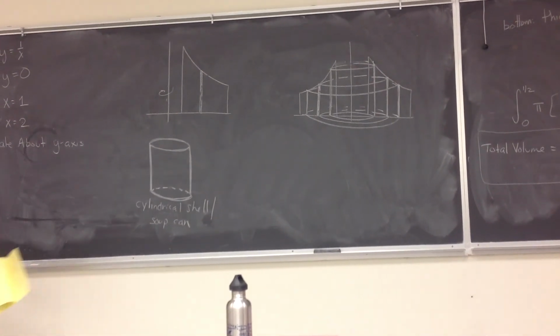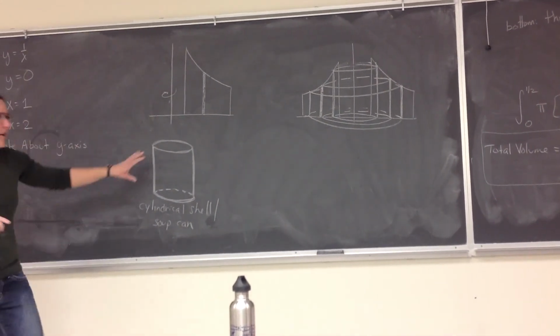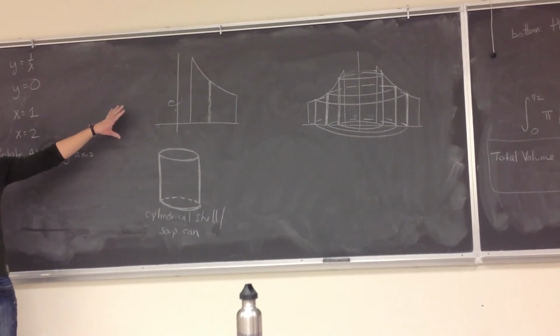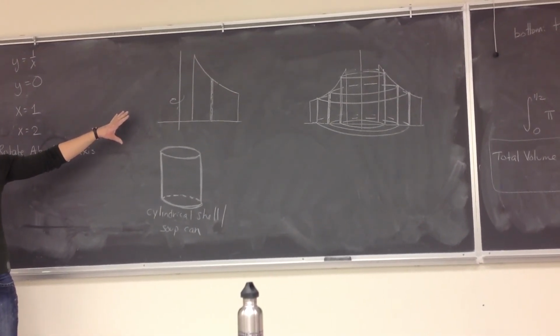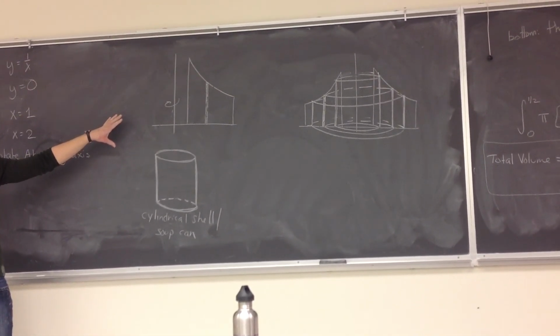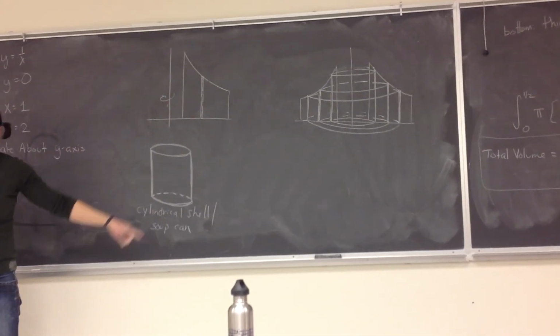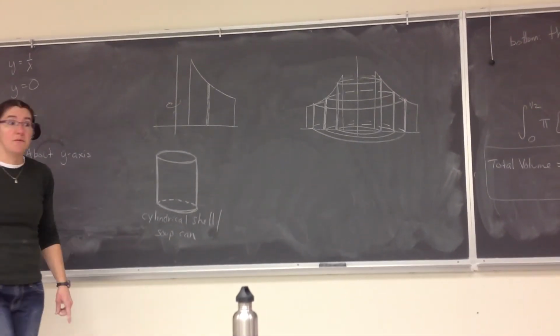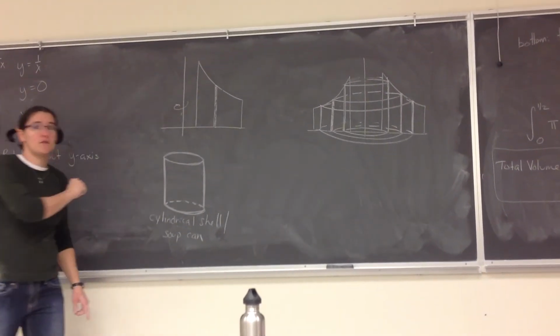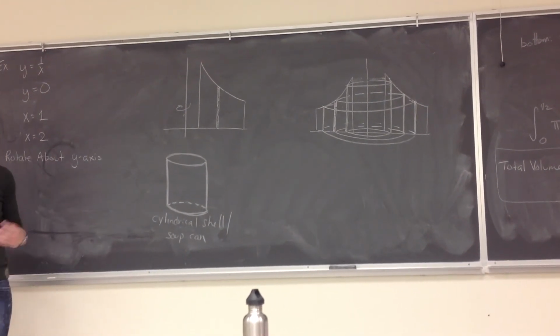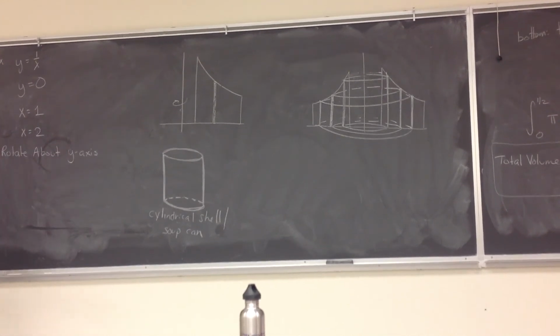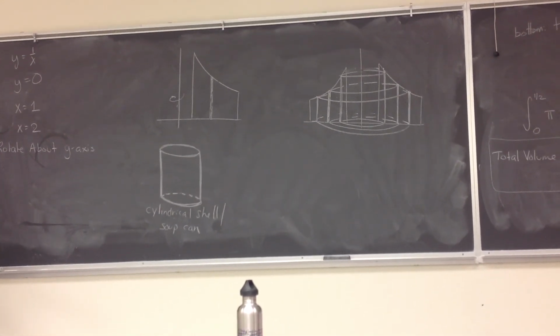Before we go further, are there any questions about visualizing these shells, these nested soup cans? Okay. All right. So our goal is going to be to find the volume of one of these soup cans, one of these cylindrical shells, and then use that as our standard shell, and then add up all the volumes.